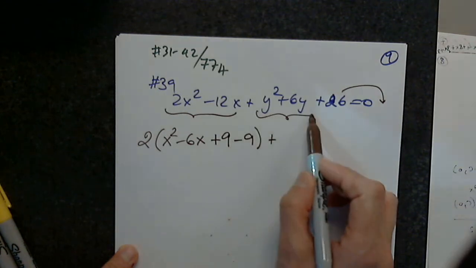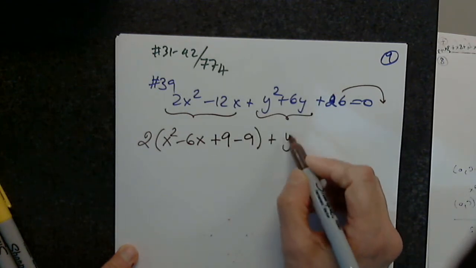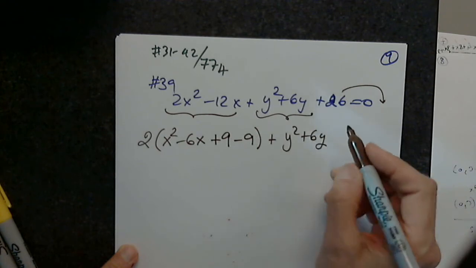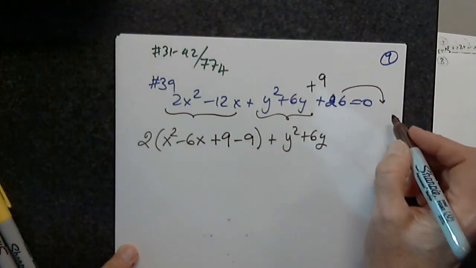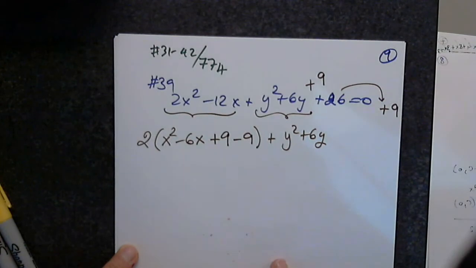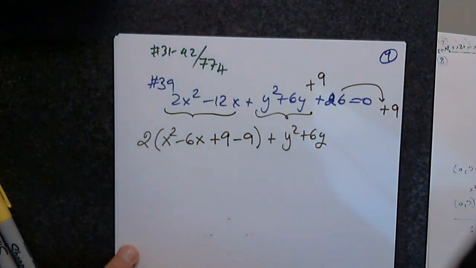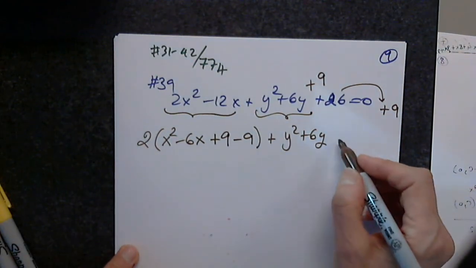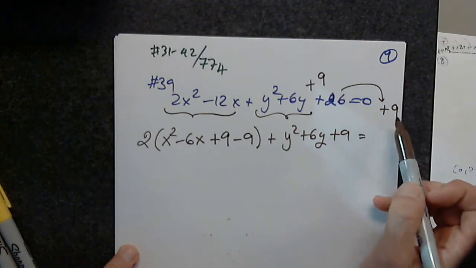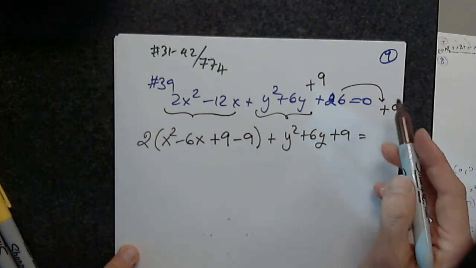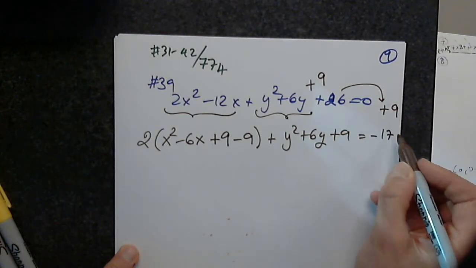So it's y squared plus 6y. I will add the 9 and I will add the 9. I don't have to do it inside because the leading coefficient is 1. Here I have to do it inside because the leading coefficient is not 1. So it's plus 9 equals 9 minus 26, negative 17.